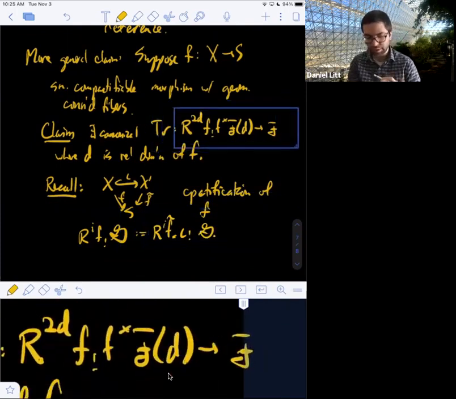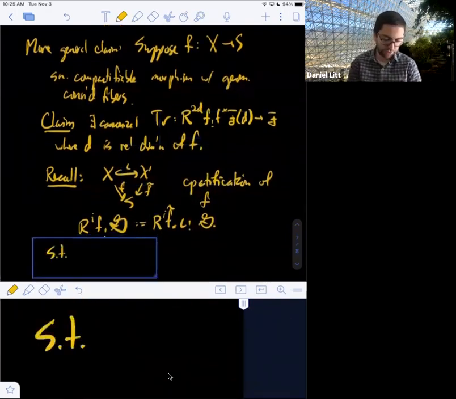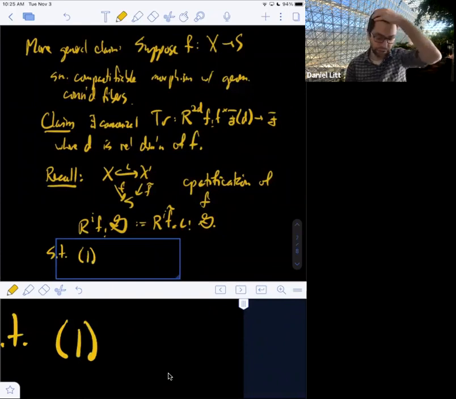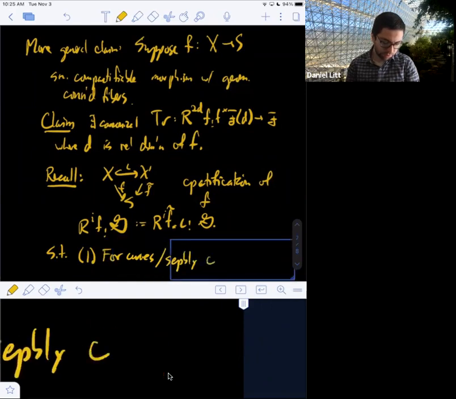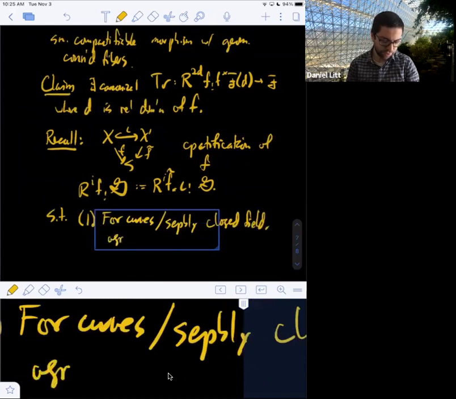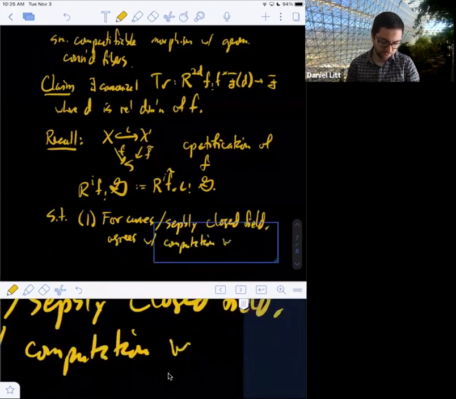So we're going to construct this map, and moreover, it's going to satisfy a bunch of properties. First of all, for curves, we've actually essentially already constructed this. For curves over a separably closed field, this was implicit. This agrees with the computation we did earlier.